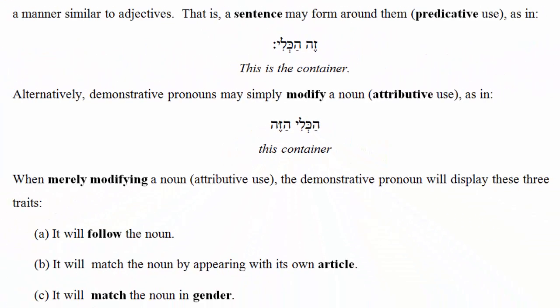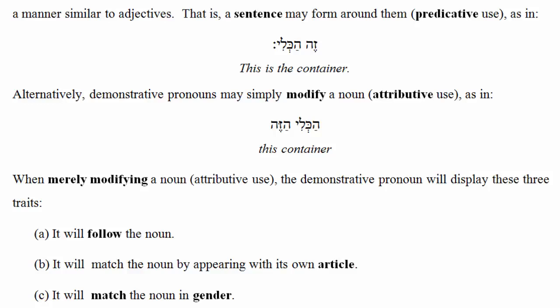Hakali hazeh, this container. Please notice carefully the three parts that govern how a demonstrative pronoun in this usage, merely modifying it, merely making a description, not making a sentence. Notice these three principles which will guide us for correct use in forming these sort of descriptions.